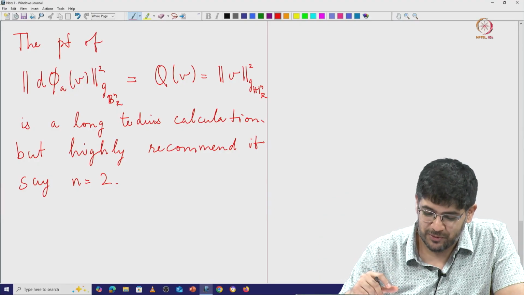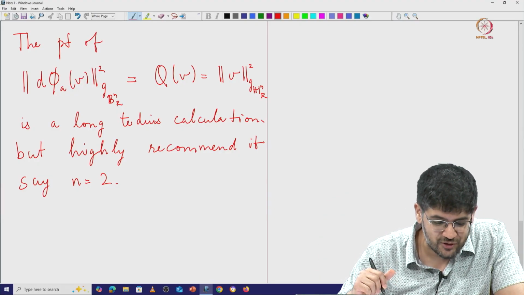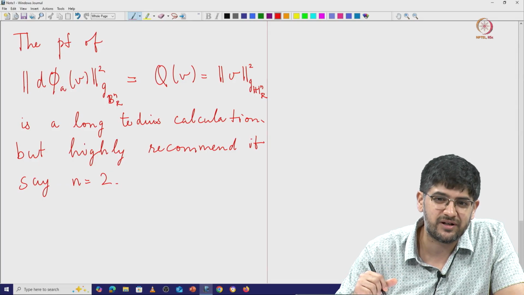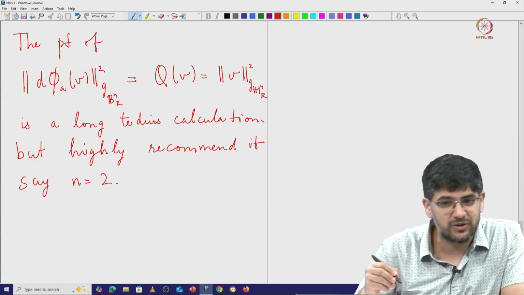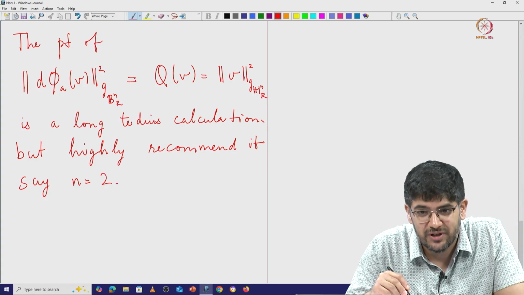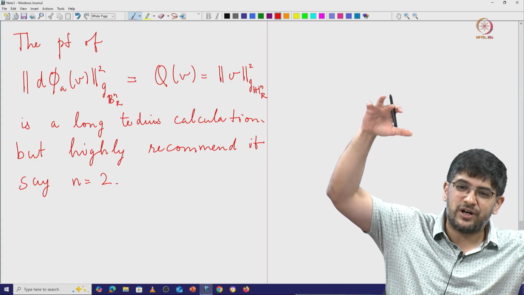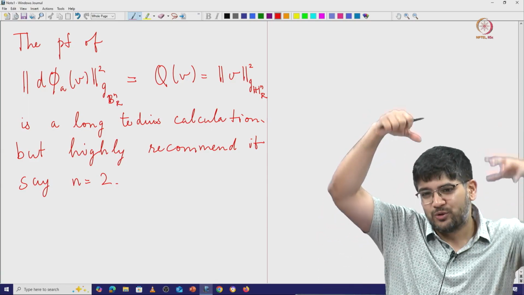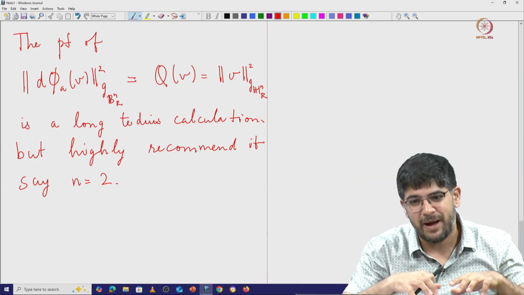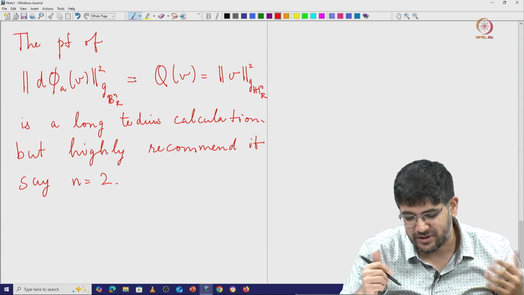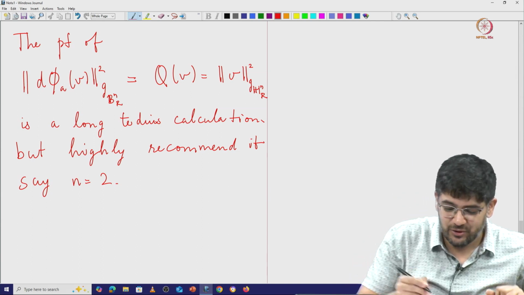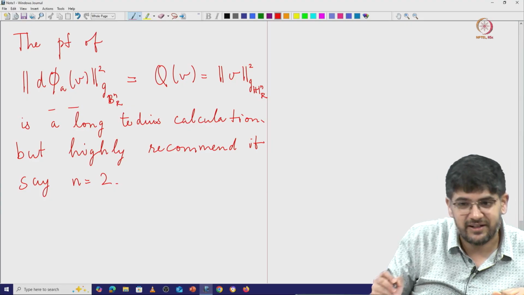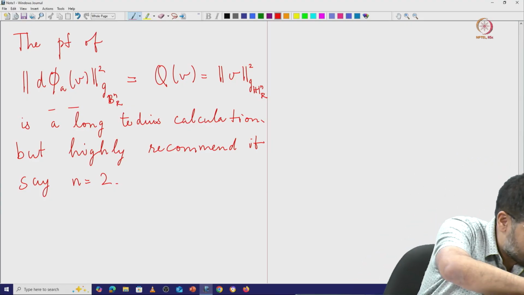So I would really suggest for any serious student of this course to try to do this calculation at least for n equals 2. Okay, so it means you have a hyperboloid lying inside R3 and you do this projection to get a map into the disk of radius r in R2, and then you try to prove this identity. So I would highly recommend this exercise.